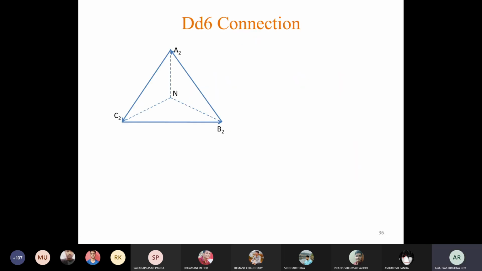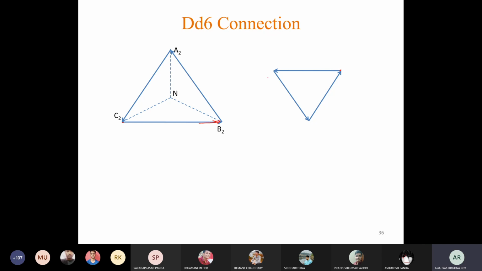When you reverse the polarity, see this point and this point are having the same polarity. So you have to reverse the polarity. That means you have to draw the phasors in the opposite direction. In case of high voltage side, the phasors are directed from left to right, but in case of low voltage side, phasors are directed from right to left.